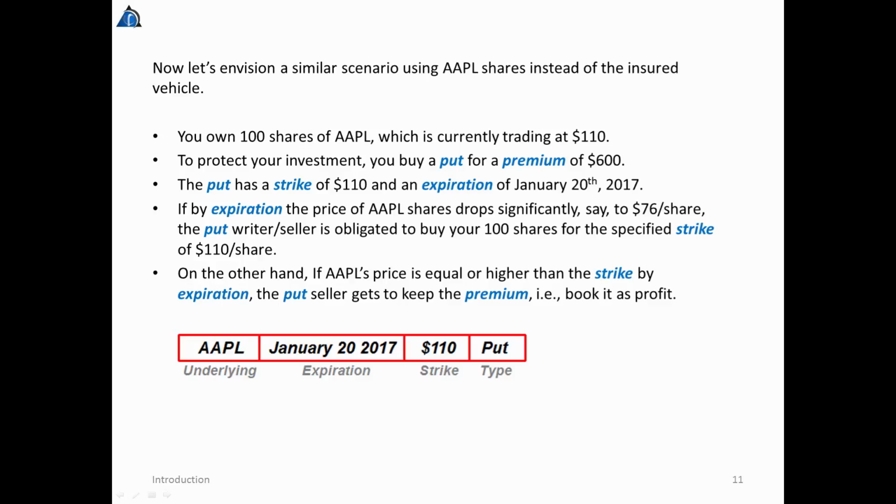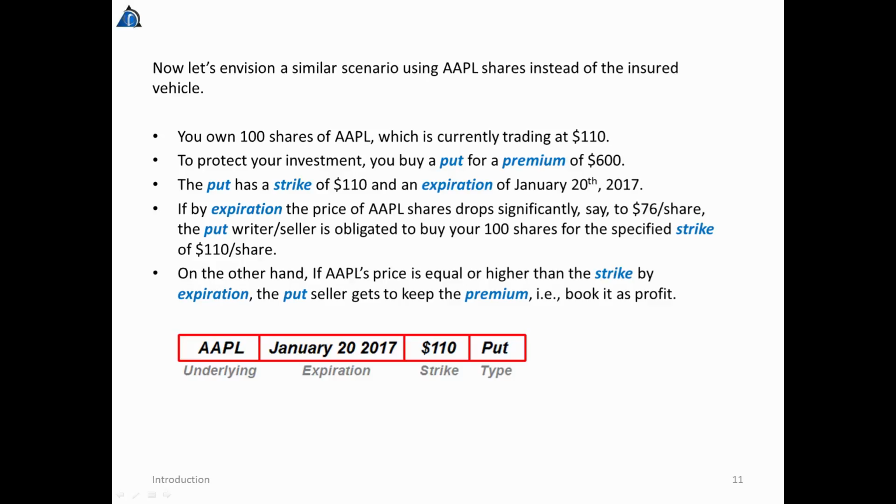You came out unscathed. For that, you had to pay $600. That's a lot better than having to incur a $3,400 loss. This is no different than when you bought the insurance on your car, the policy to protect you against accidents.